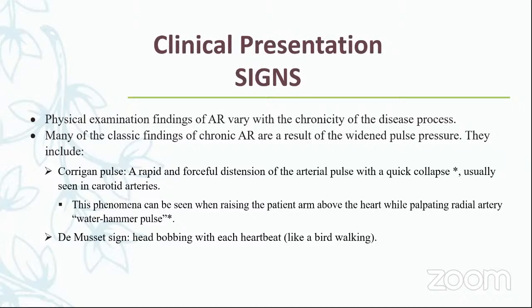This quick collapse is due partly to two causes. It is due to a sudden fall in diastolic pressure in the aorta, from the regurgitation of blood from the aorta into the left ventricle through the leaky valve, and the second cause is the rapid emptying of the arterial system.